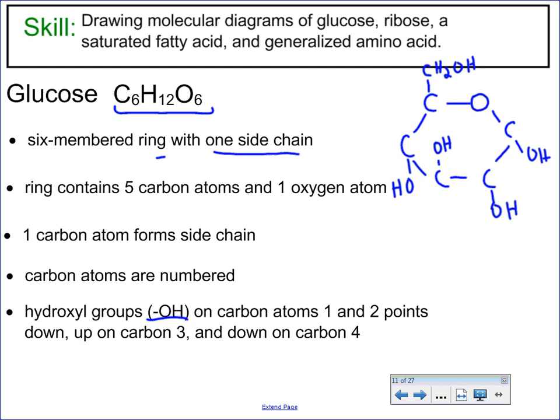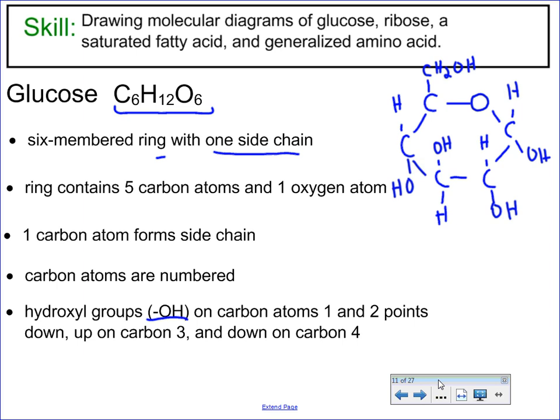Now, remember that carbon can form 4 bonds, and right now we have carbon only bonded to 3 things. So to create that 4th bond, we simply fill in hydrogen as that remaining bond. So you'll see in the diagram that each carbon is now bonded to 4 separate things, and we can also label our carbon.